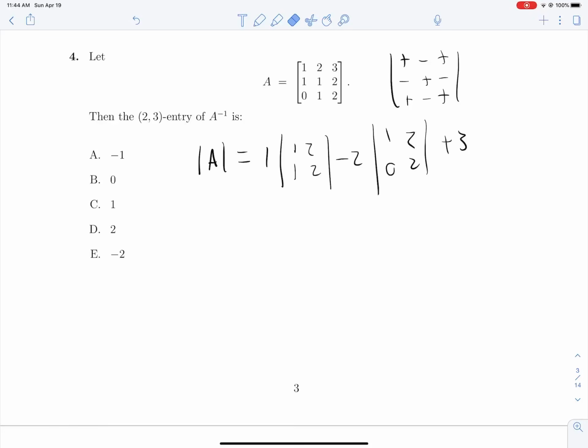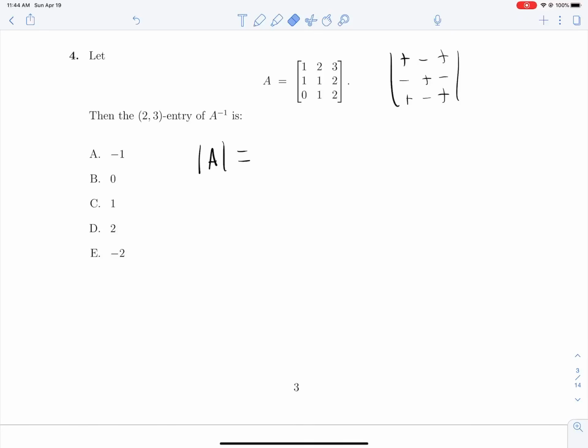Replacing these determinants, we get 1 here, we get 2 here, and we'll get 0 here. So negative 4 plus 3 is just negative 1.